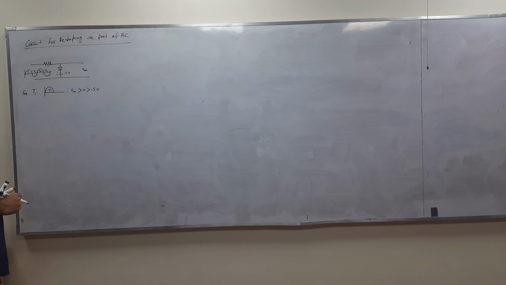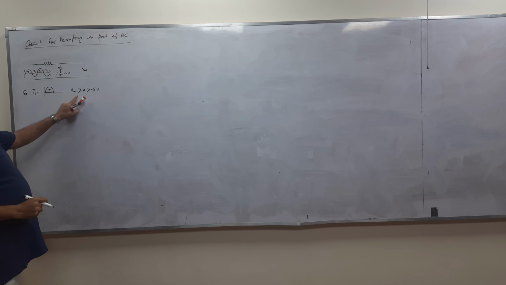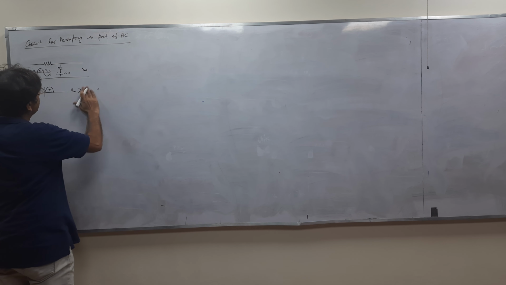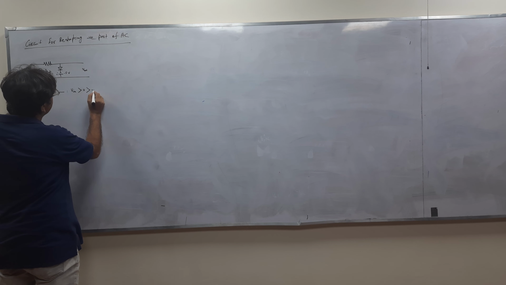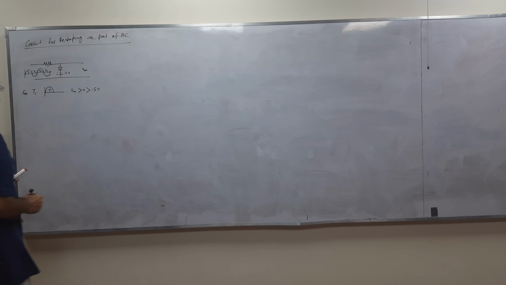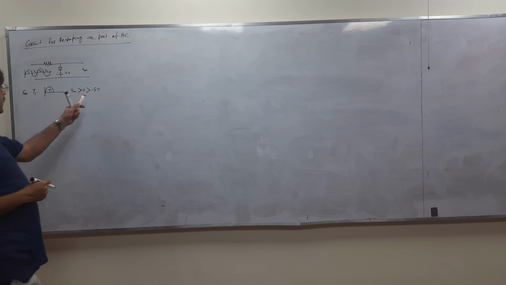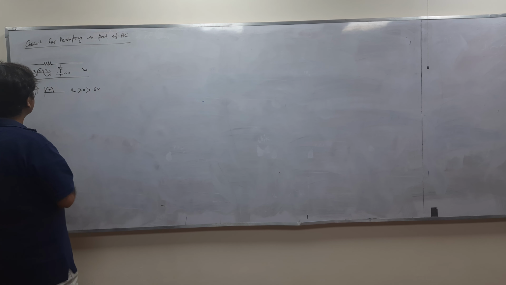Because the input is positive, it will always be greater than 0, and that is greater than minus 5. If it is greater than 0, then it will be greater than minus 5 volt, because that is negative.